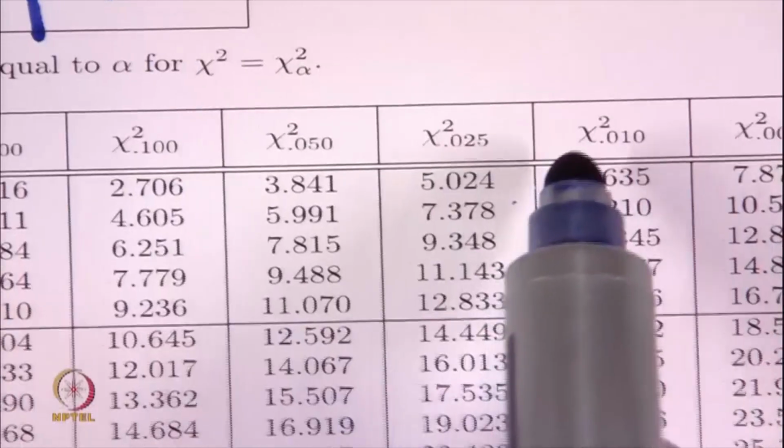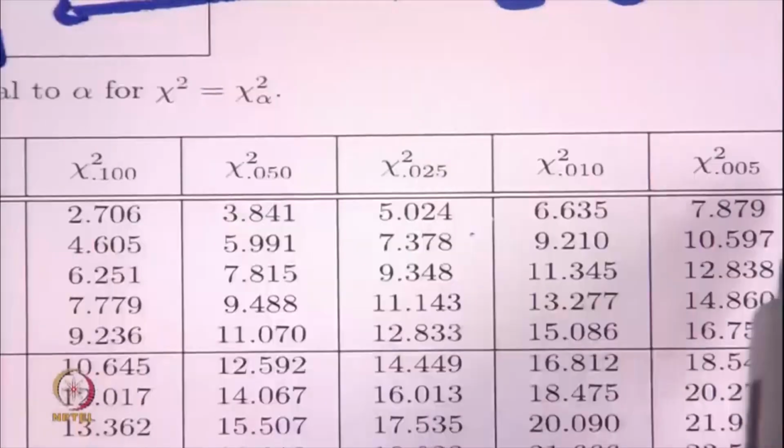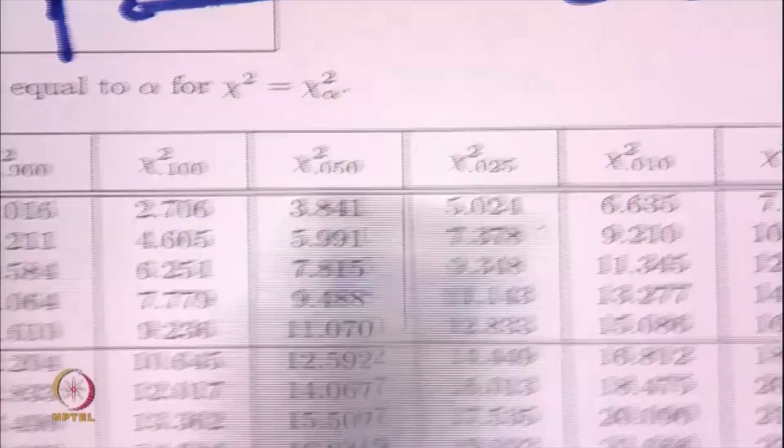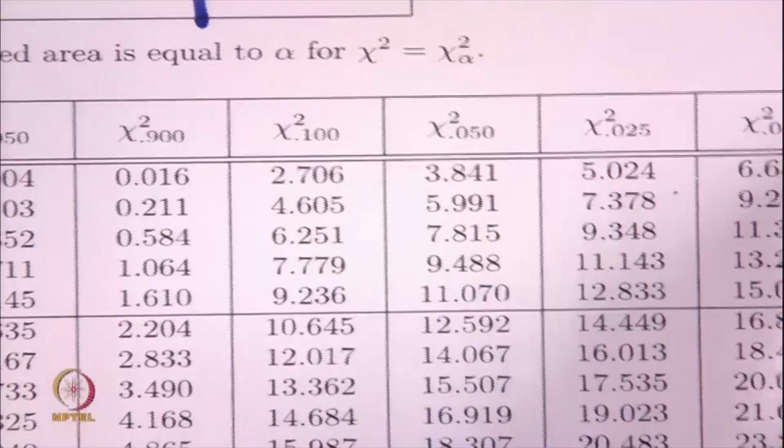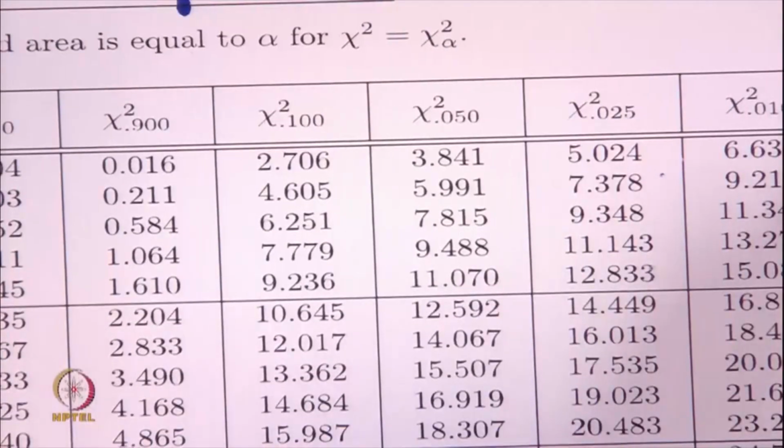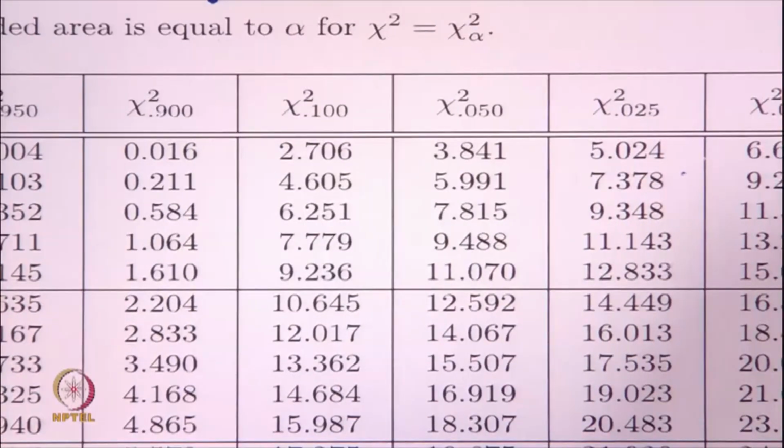In fact, it is given for 0.005, 0.010, like that. For a fixed set of alpha, the values have been computed.